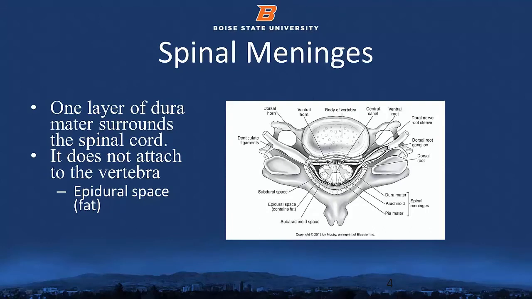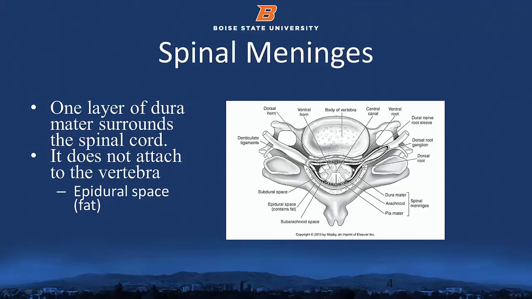Outside of the dura mater you do have epidural fat, so you'll have this fatty tissue that comes out and around. The dura mater continues as a protective layer, but outside that you have epidural fat, and that helps create a cushion between the spinal cord meningeal structures and the bony structures of the spinal column.